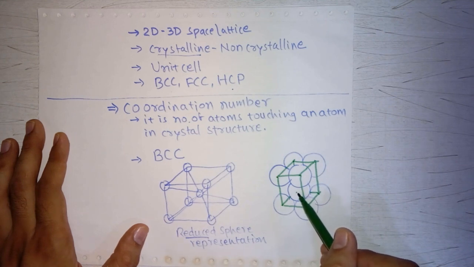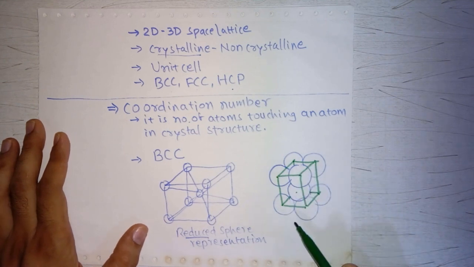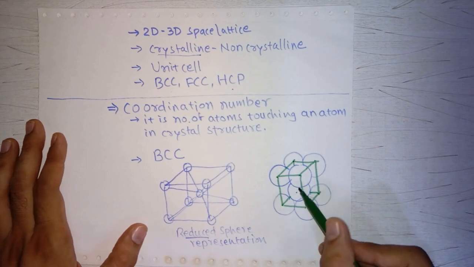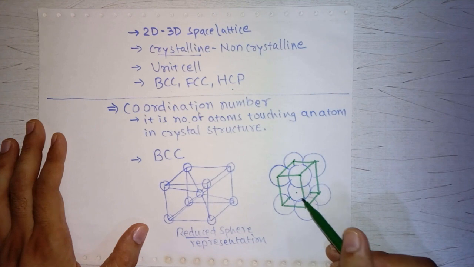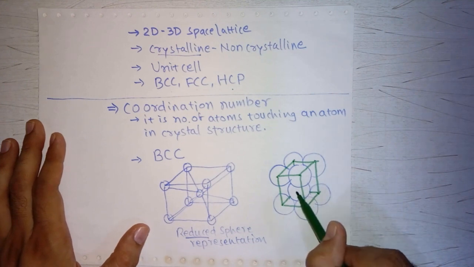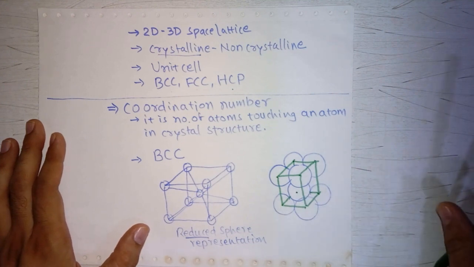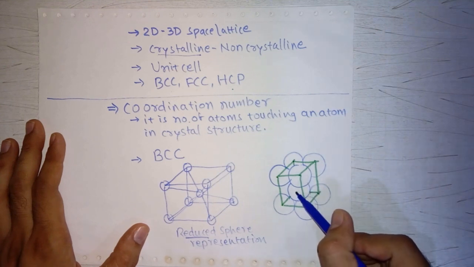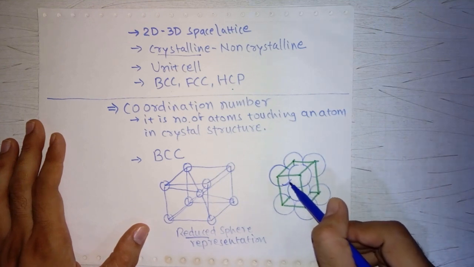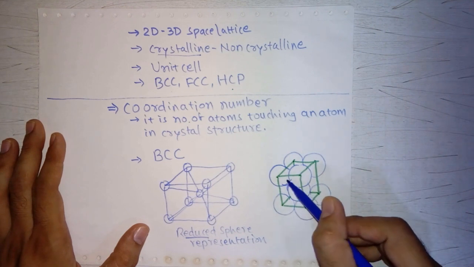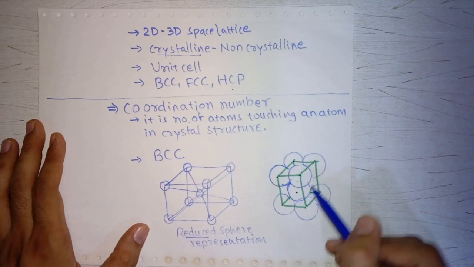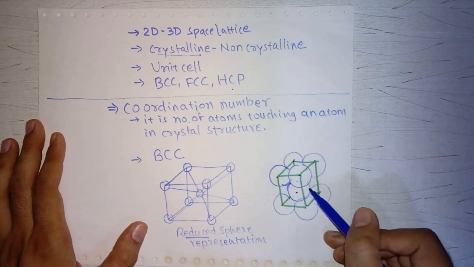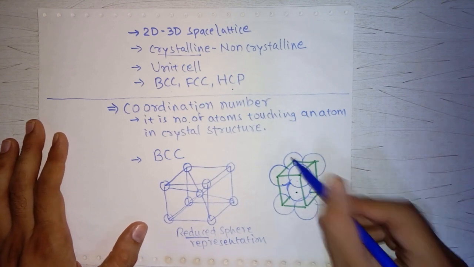Now for this representation, let's say we consider this atom, the body center atom, then what will be the coordination number? We can see that this atom is touching this particular atom, it is also touching this, and this. From the other side view, it will also be touching this.